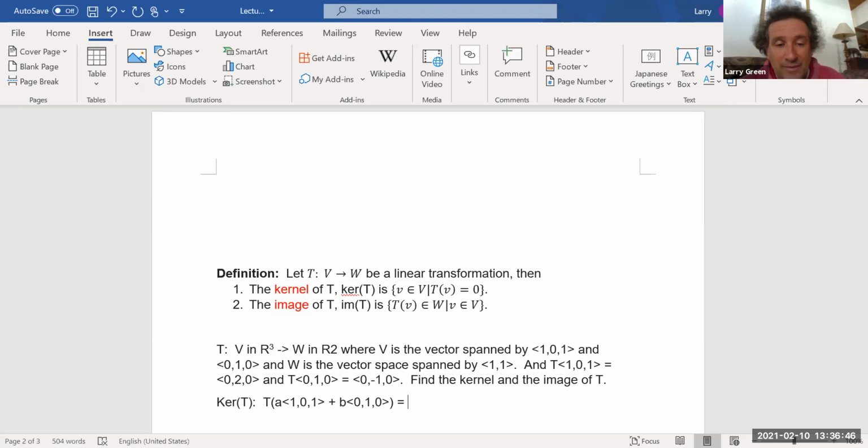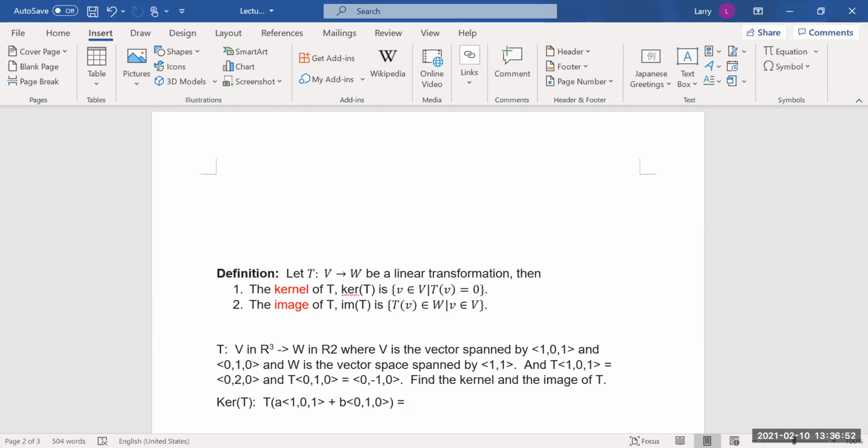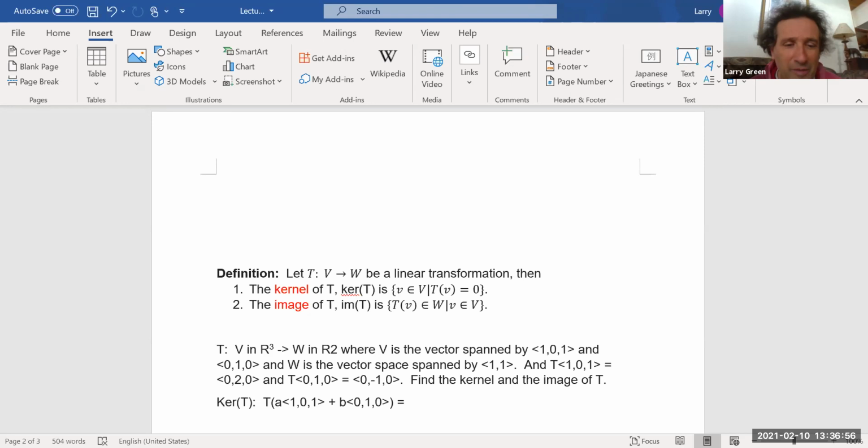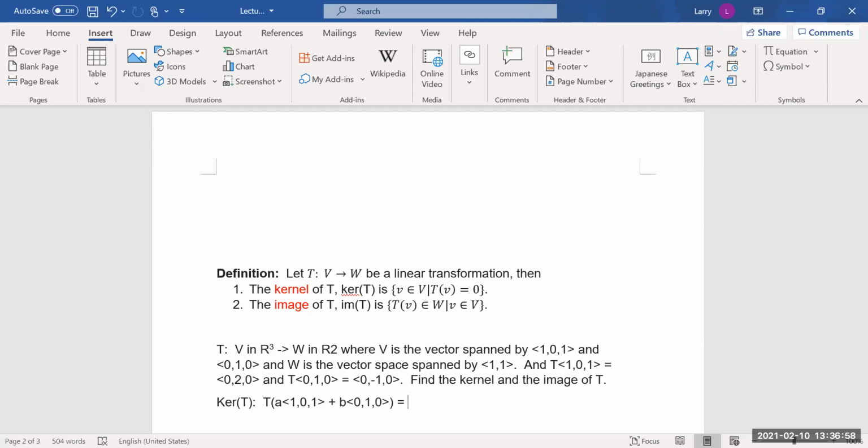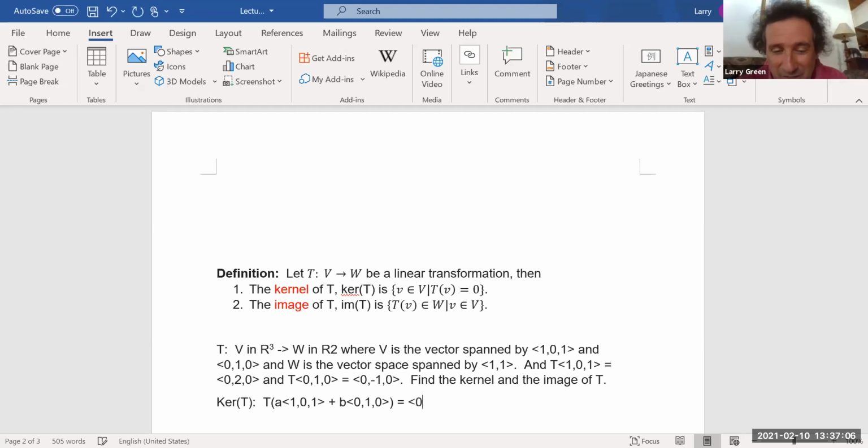Is equal to what? If I'm looking for the kernel, what should I set it equal to? 0. But be careful, it's not the number 0. It's the zero vector, which looks like (0, 0). Notice that this is a two-dimensional 0.